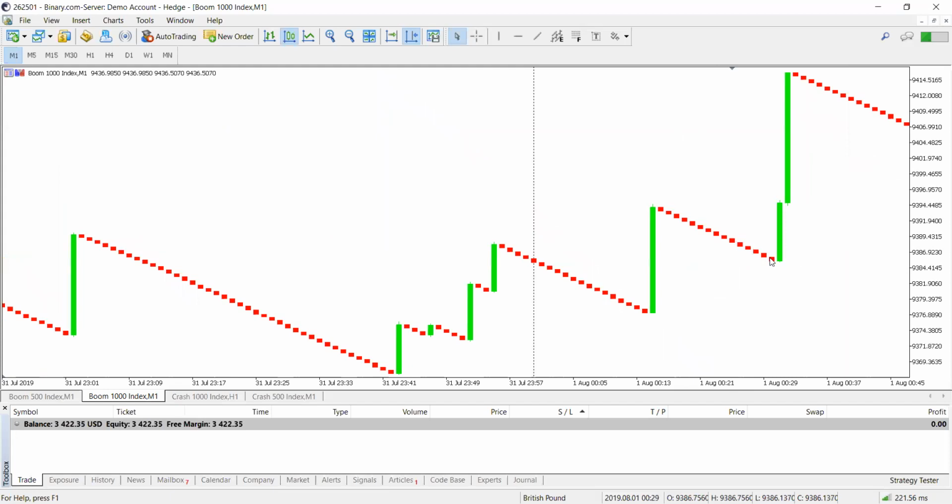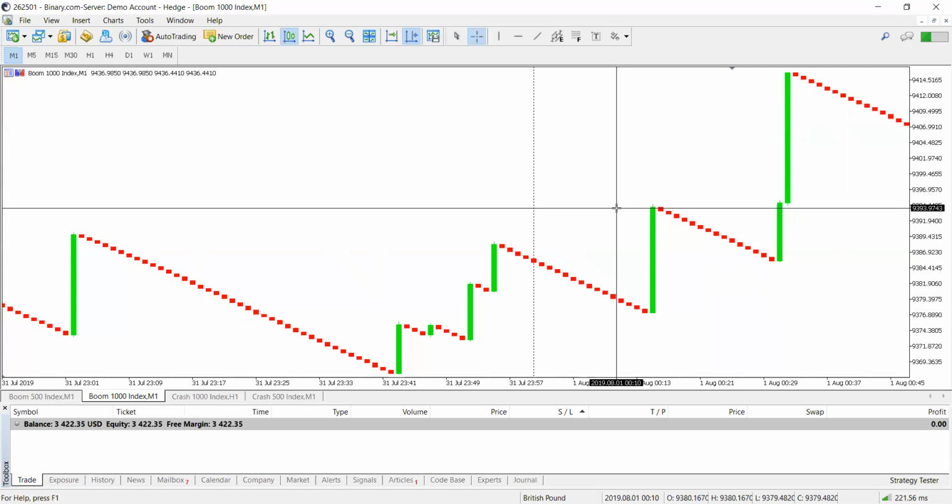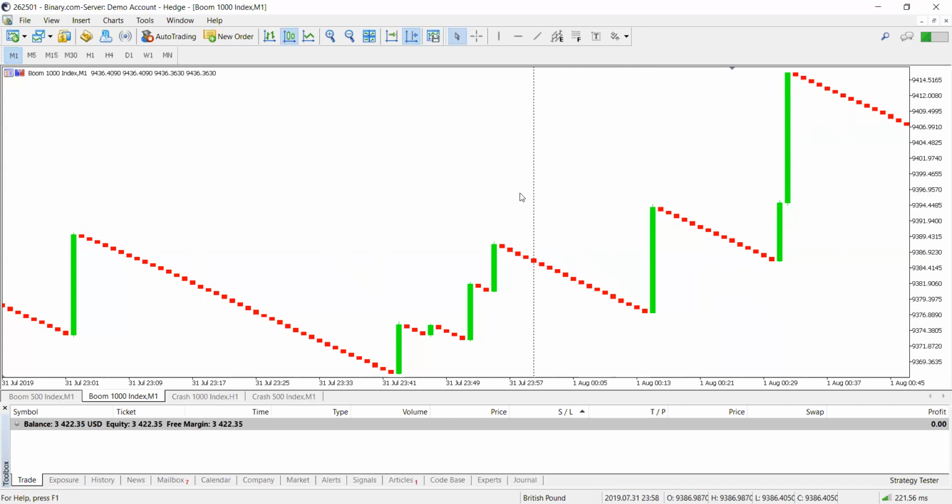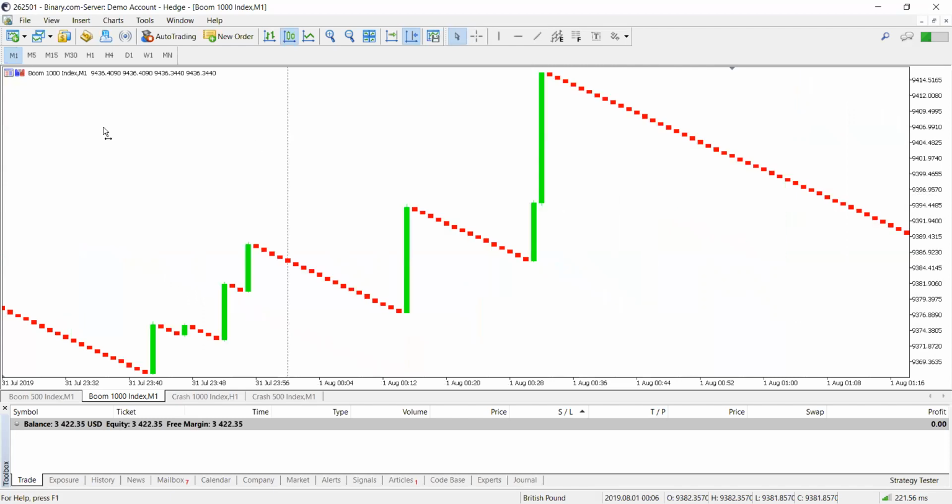Okay. This one is not the one. Look at it. It's already booming higher. So it's not a middle boom. It's not a middle boom because it boomed higher than the previous one. I hope I'm making myself clear.